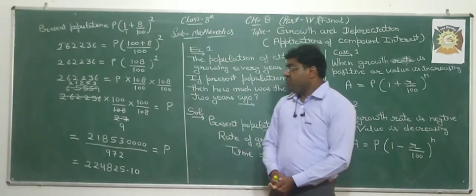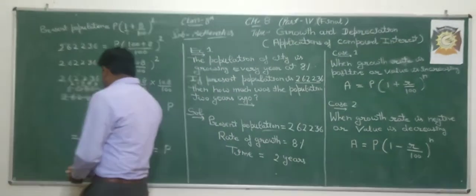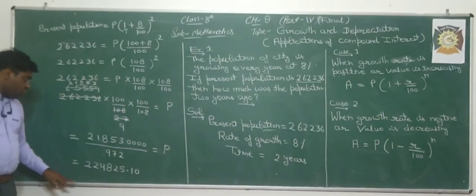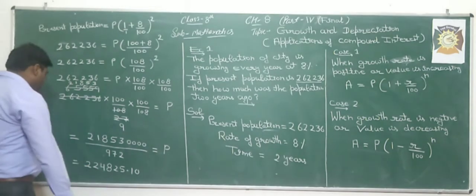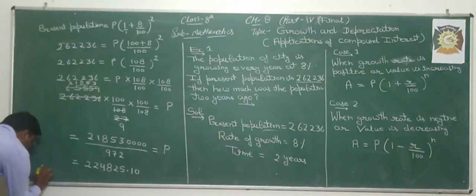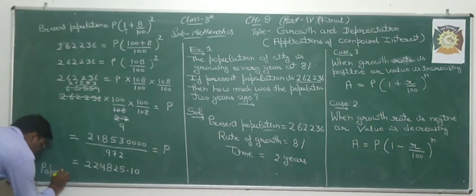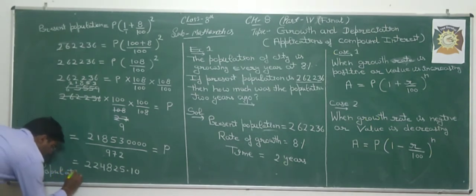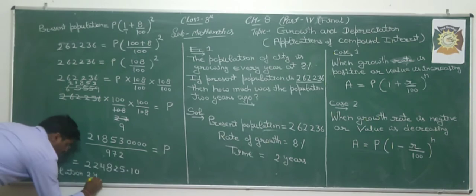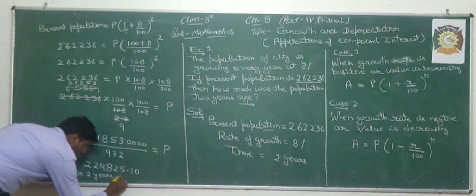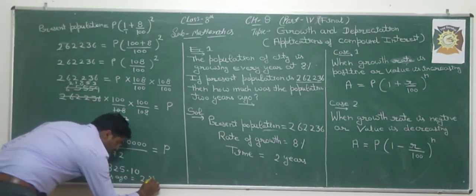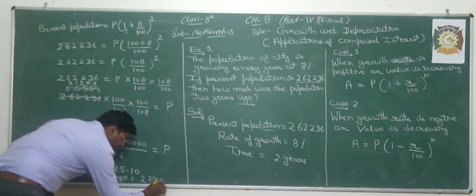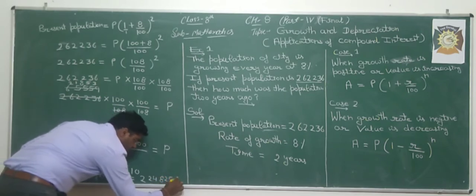So what is the answer? It is approximately 2,24,825. So therefore we can say the population 2 years ago was 2,24,825 approximately.